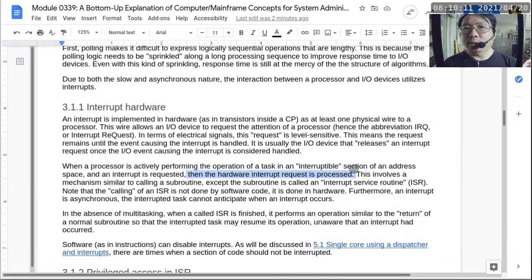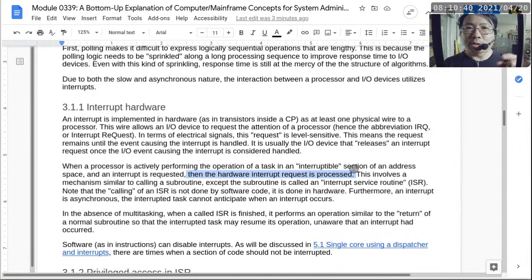At the beginning of a section of code, you can say, hey, turn off all interrupts, and then at the end of that section of code, you can say, let's re-enable interrupts. During the execution of that section, interrupts cannot happen. By design, sometimes we need that.